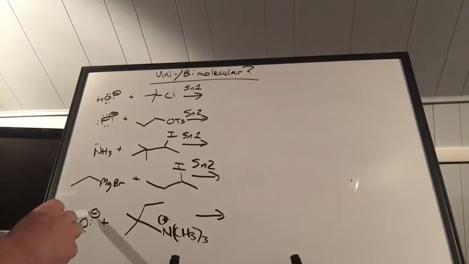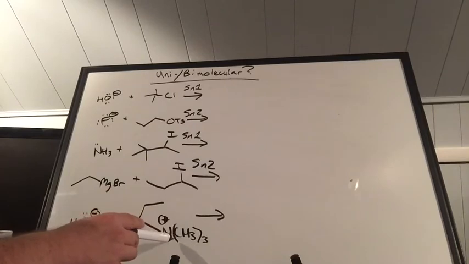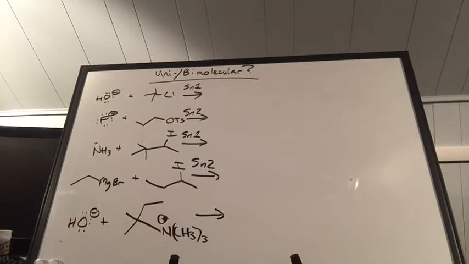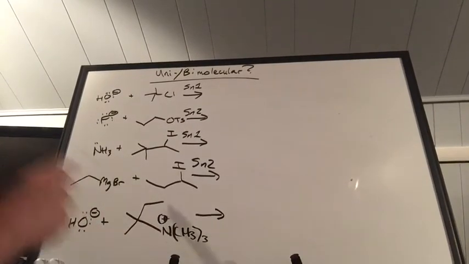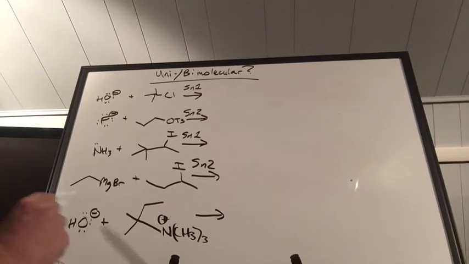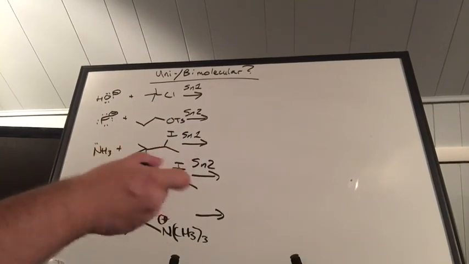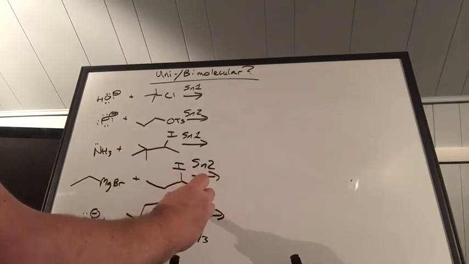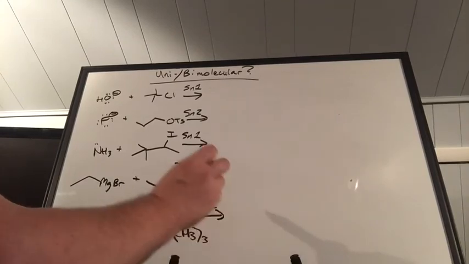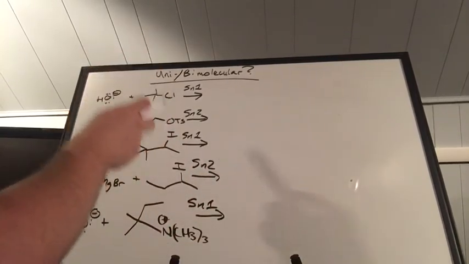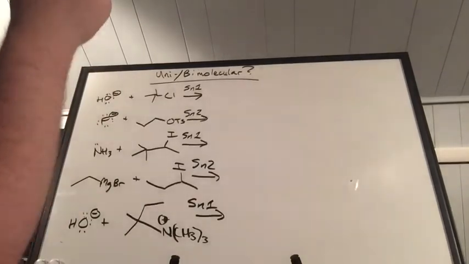So you'd have a stable tertiary amine, and then a tertiary carbocation there. That would combine perfectly with this OH, or the OH would add to the resultant carbocation. So this would be SN1. Okay, so unimolecular, bimolecular, unimolecular, bimolecular, unimolecular.